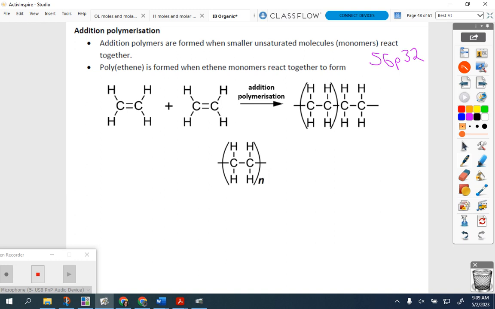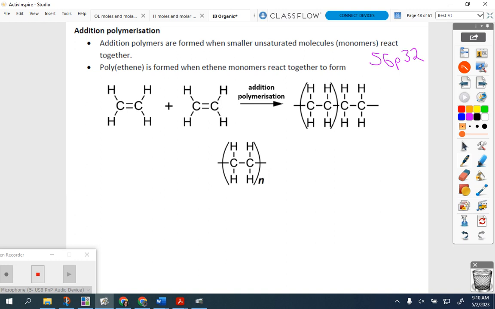Okay, so the way this is generally shown, you might be asked to draw, say there are three monomers, what would the chain look like? And so you would draw three of these in a row. They might ask you just to draw the polymer of this addition reaction. So generally speaking, kind of like we do with the structural formulas, if it's a repeating unit, you put it in parentheses with a subscript.